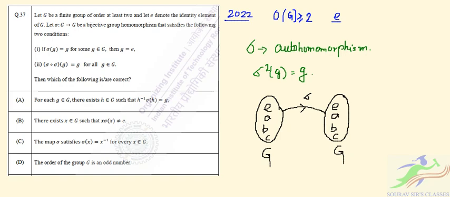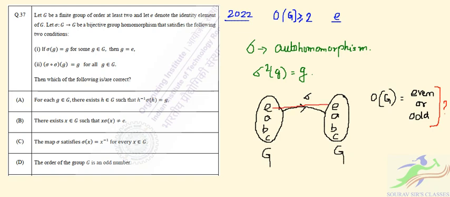So we are considering whether the order of the group is even or odd. This is our question. Now E corresponds to E, the identity element.